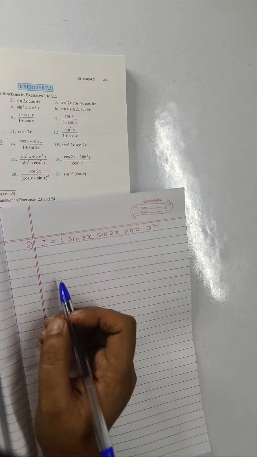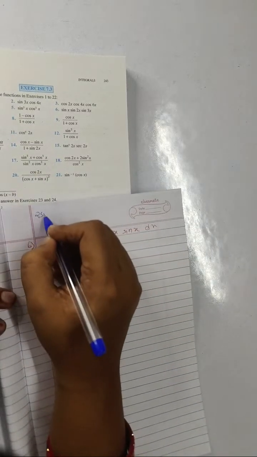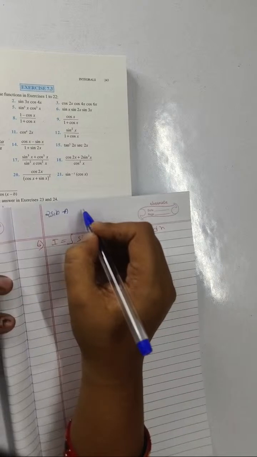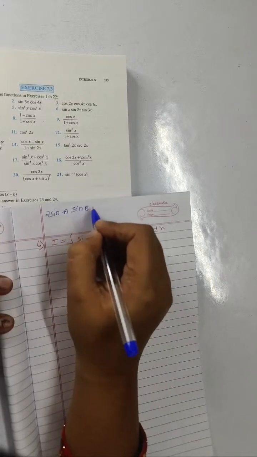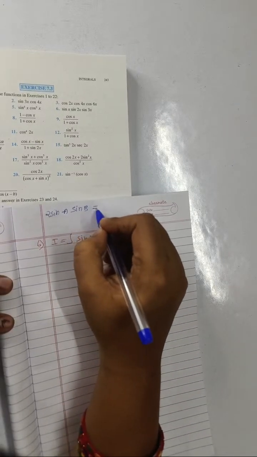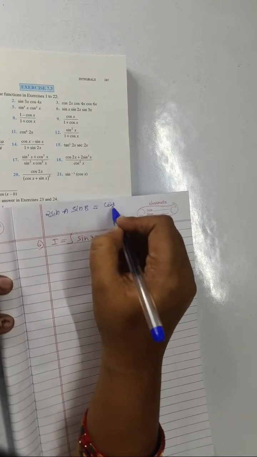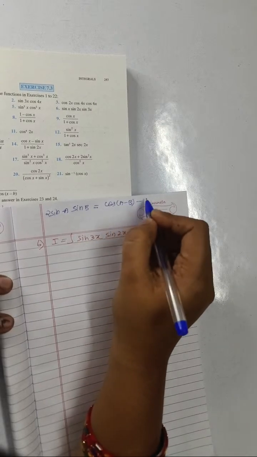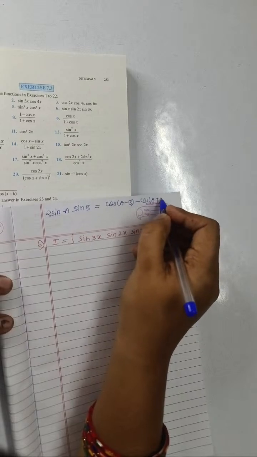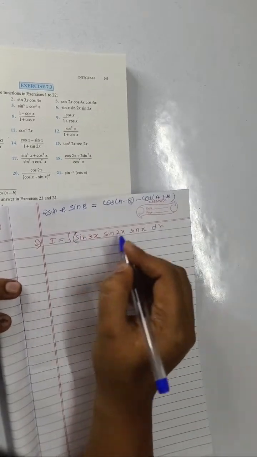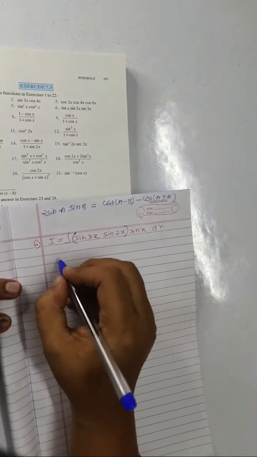That is 2 sin A sin B, so the 2 sin A sin B formula is cos of A minus B minus cos of A plus B. Very good.